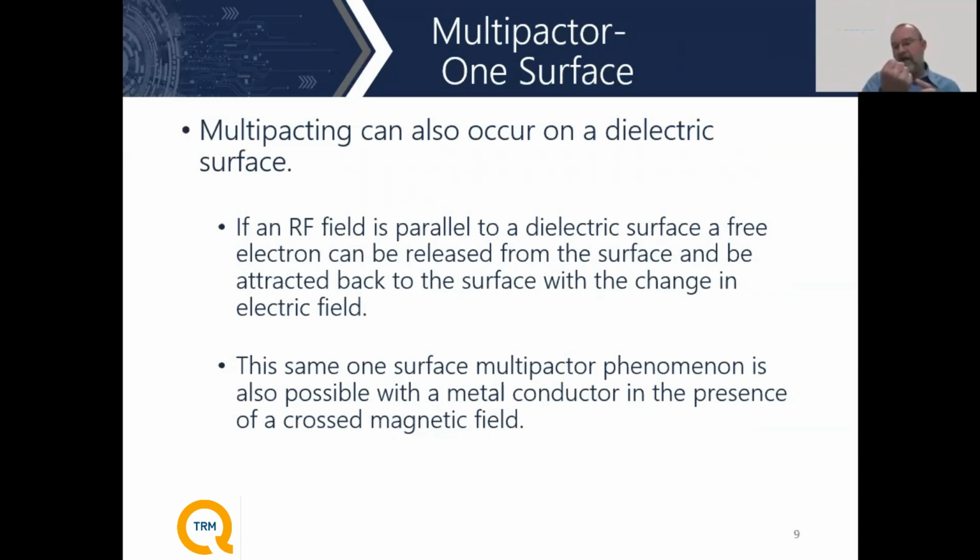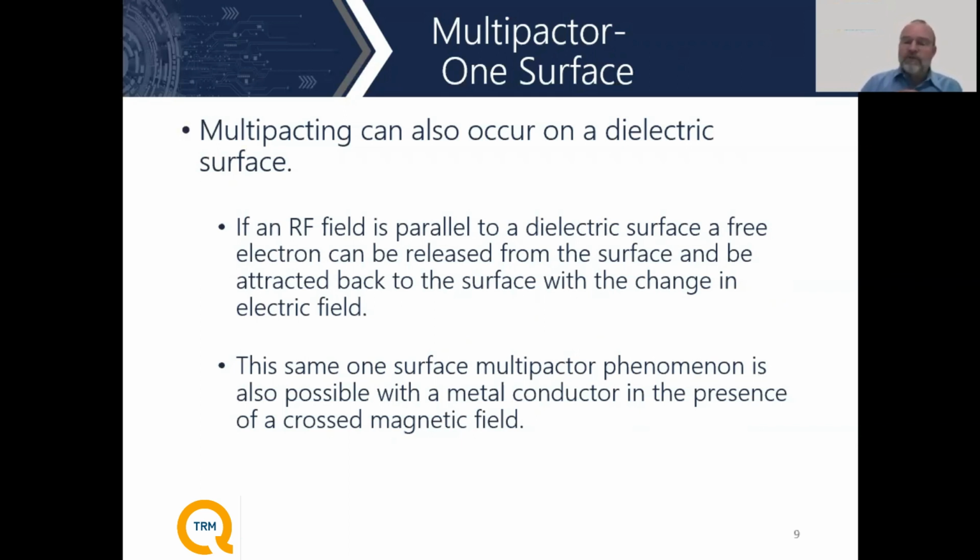Again, that electron colliding with that surface creates a little dust cloud, more electrons are released, and the process repeats and repeats and repeats. So the same effect of having these cascaded electron collisions on that surface will raise the thermal noise on that dielectric, and the same negative effects for the system do happen.